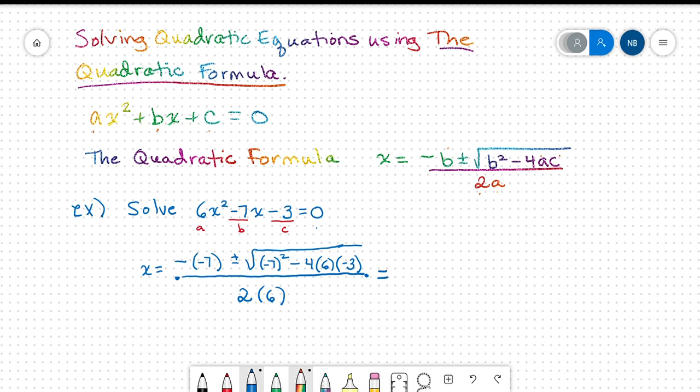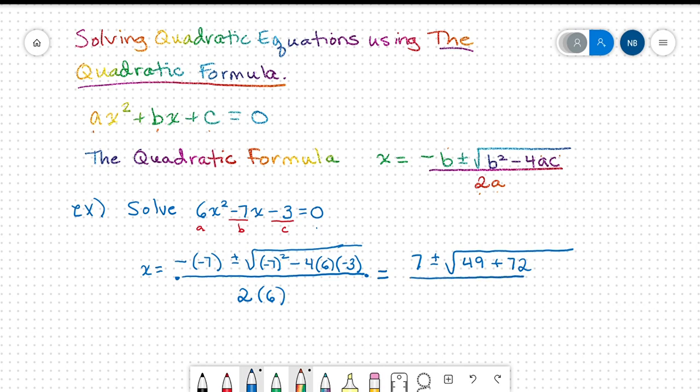So negative 7, the opposite of negative 7 is positive 7, plus or minus the square root. Negative 7 quantity squared is positive 49. Negative 4 times 6 times negative 3 is positive 72.